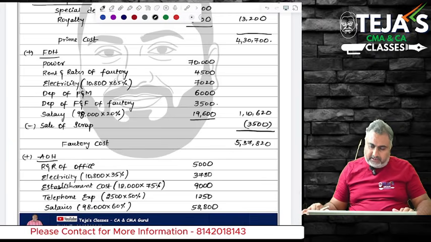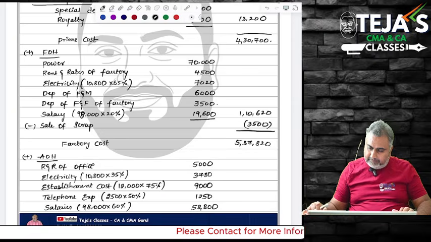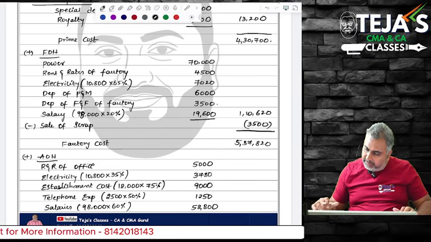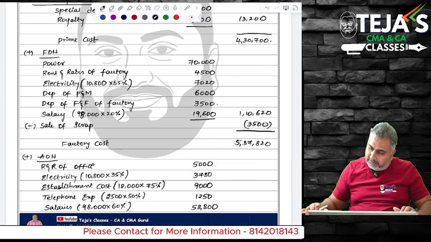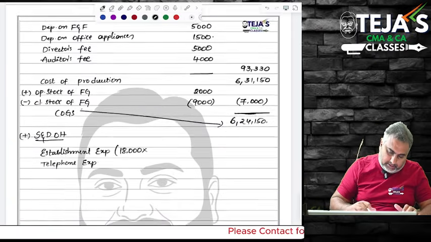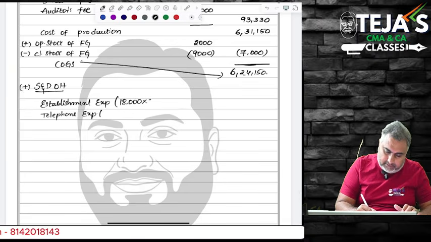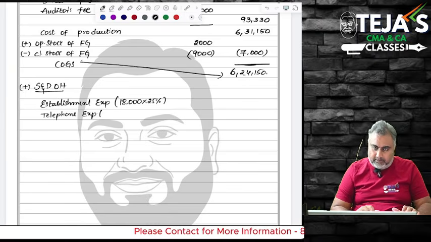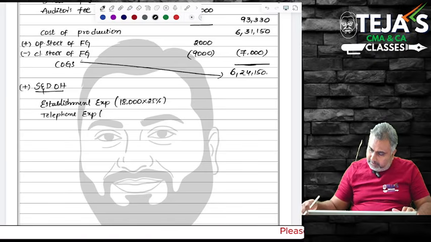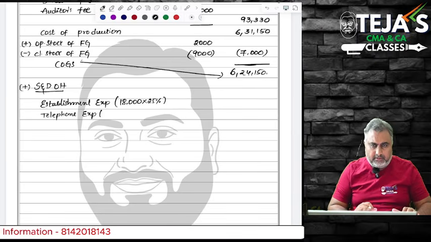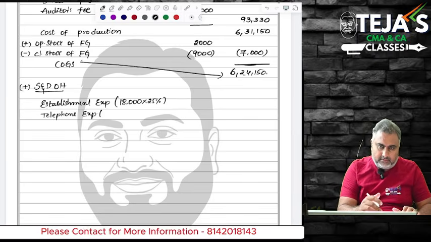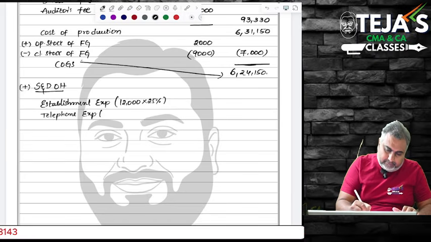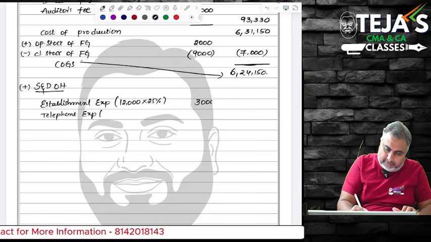We didn't write establishment under factory overheads. Establishment, 75% for office, 25% for selling. 12,000 into 25% is equal to 3,000.